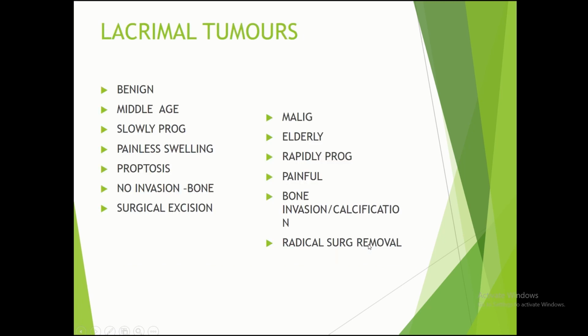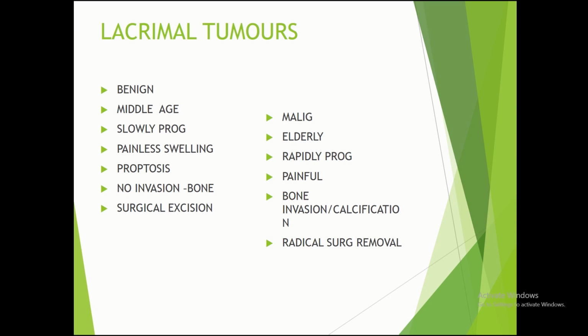So lacrimal tumors can be classified into benign and malignant. Benign is common in the middle age. It has a slow progression. It usually presents as a painless swelling with proptosis. There is no invasion of the adjacent bone, and surgical excision will be the treatment of choice. Malignant tumors are common in elderly people, progress rapidly, and are usually painful.